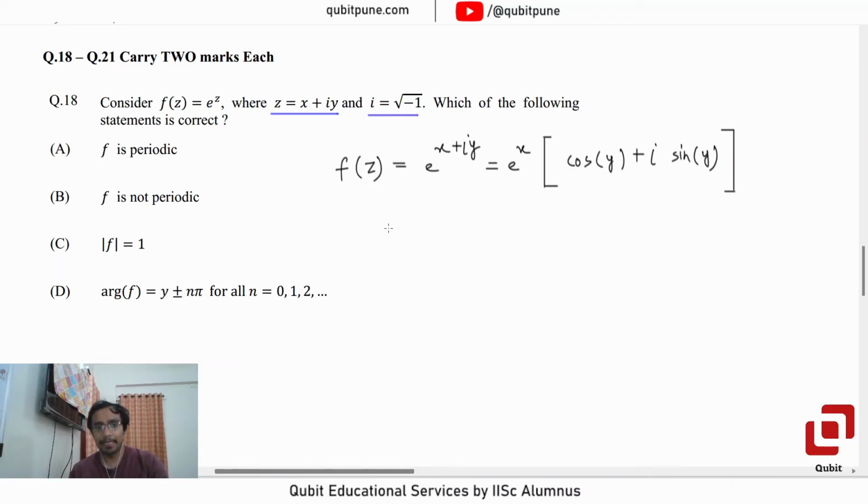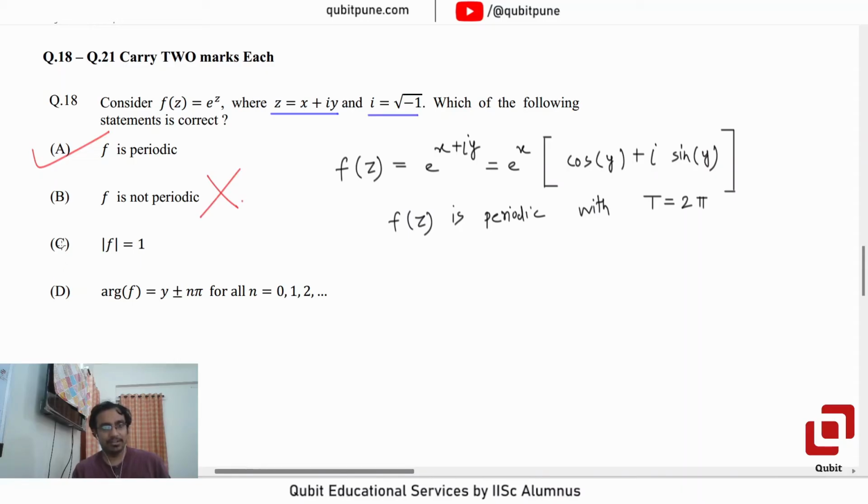So f of z is periodic with a fundamental period 2 pi, because cos of y plus 2 pi is cos y, sin of y plus 2 pi is sin y. So that's definitely periodic. So option B is gone.